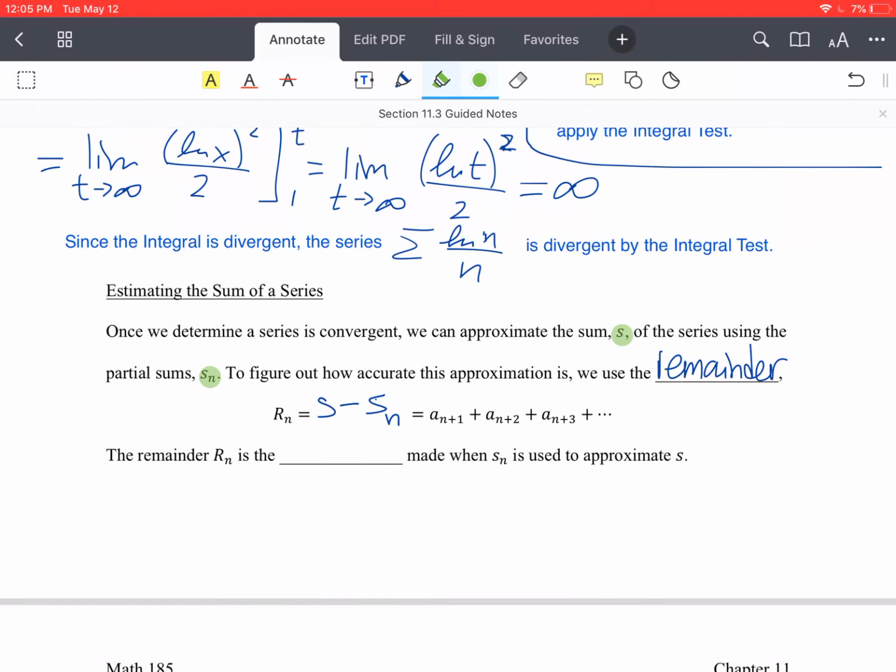Remember S is the actual sum, whatever it is. S sub n is the approximation we get using the partial sums. So the remainder is just telling us how close our approximation was to the actual sum, by subtracting one from the other. The remainder, R sub n, is also called the error. This is the error made when the partial sums are used to approximate the actual sum S.